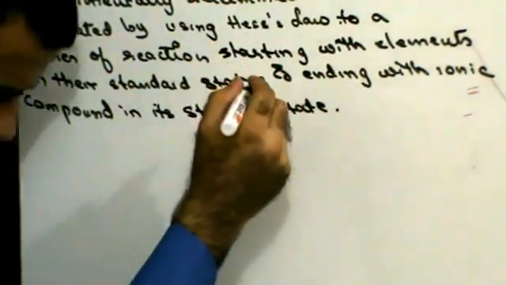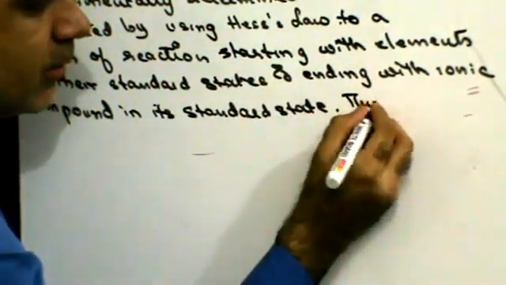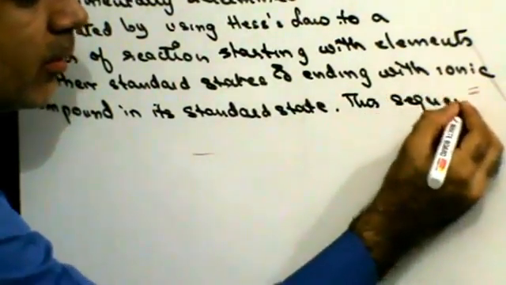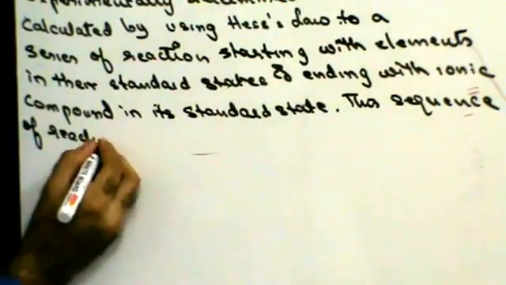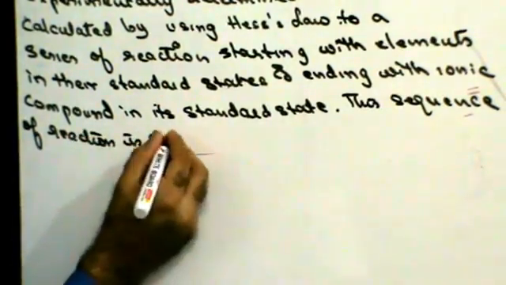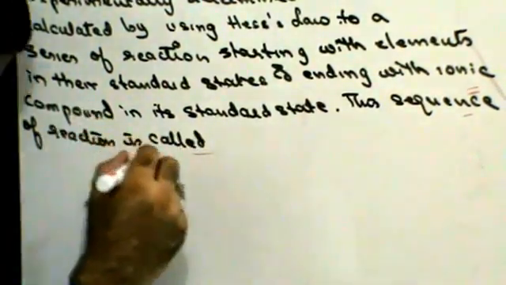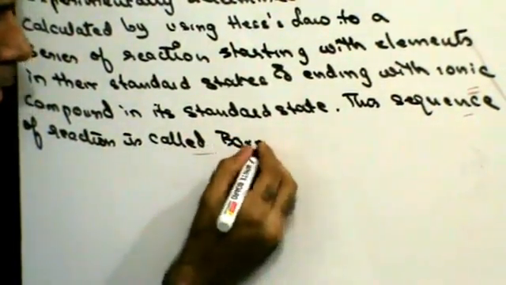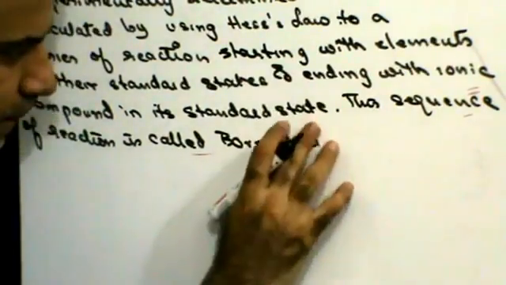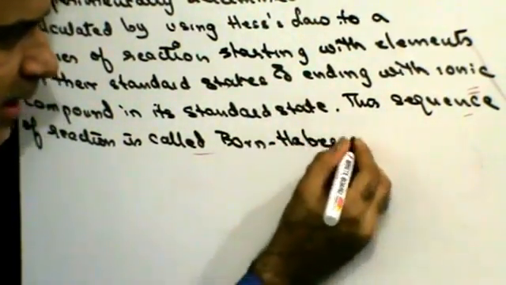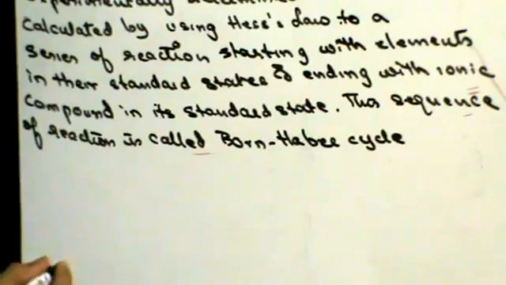This sequence of reactions is called as Born-Haber cycle, right?